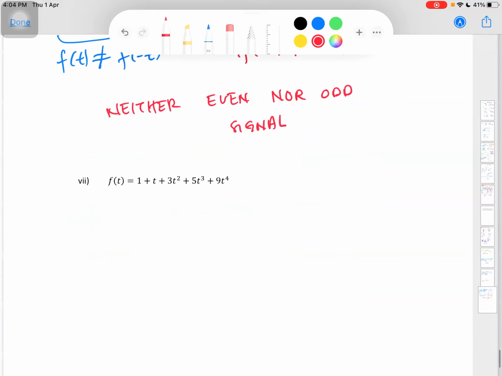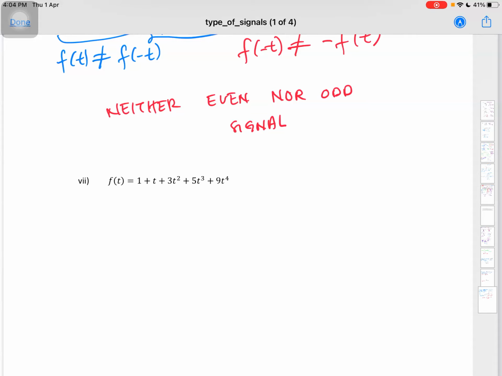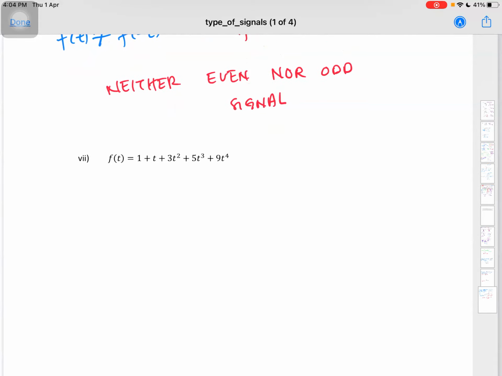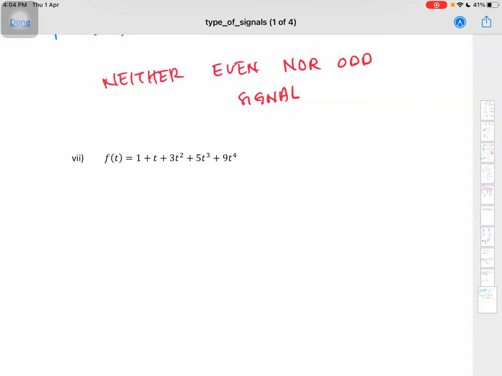Now let's have a look at the next one. So we have here f of t given by this equation. We don't have a sine or a cosine function, so we can do it like this. We need f of minus t. So let's change all t to be minus t.